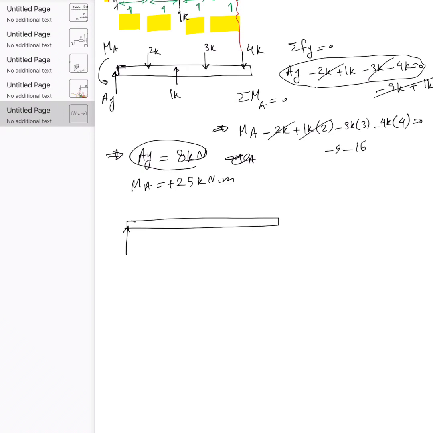So this is going to be 8, and MA is equal to simply 25. Then 2, 1, 3, 4, and distances all equal 1, equispaced 1, 1.